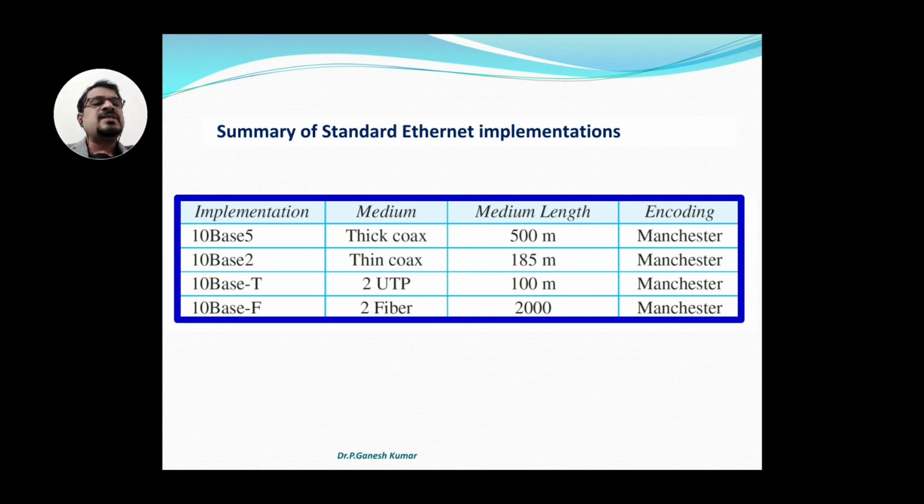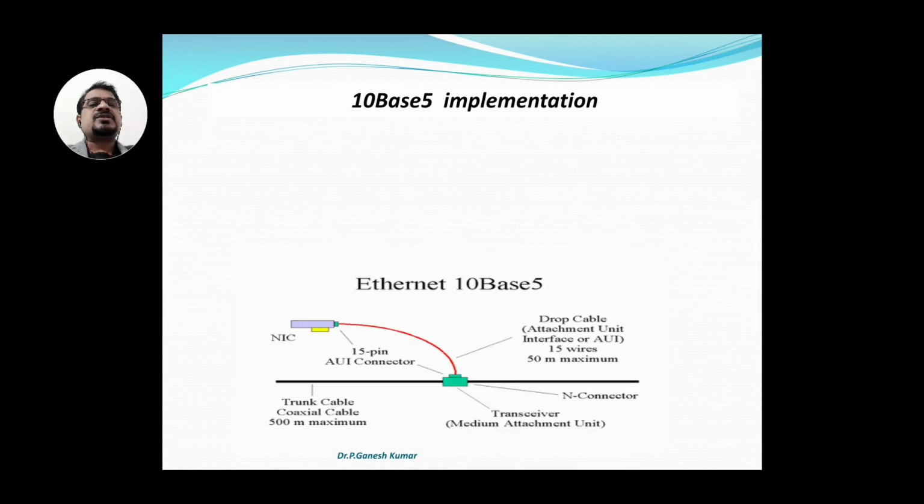Now let us see in detail what 10 base 5 is, its structure and the principle it uses. In general, the 10 means the data rate which is supported. The second part is the technology being used. Here, base means baseband technology, which is a digital baseband technology.